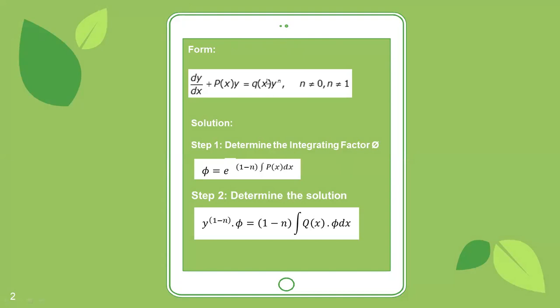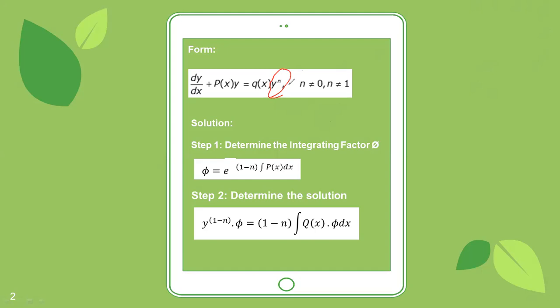And let me annotate. Now you have this one. This is the primary difference between the two. Your linear DE does not have the y raised to n.